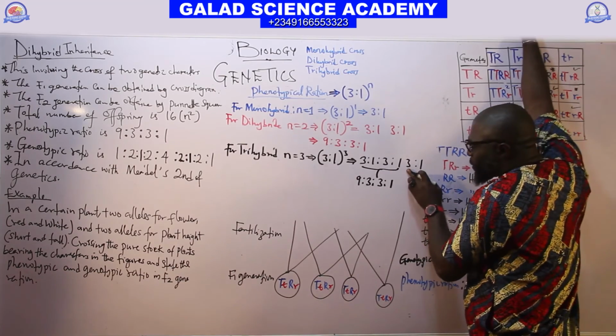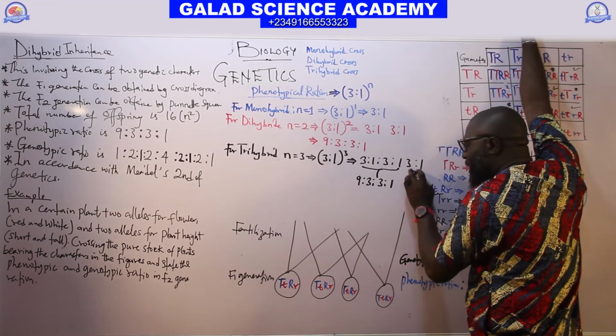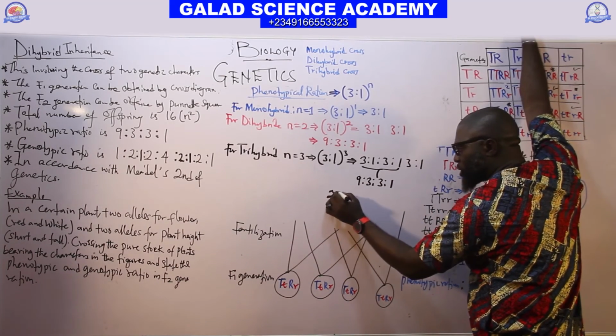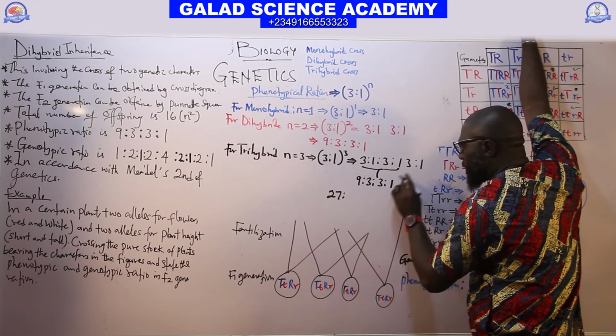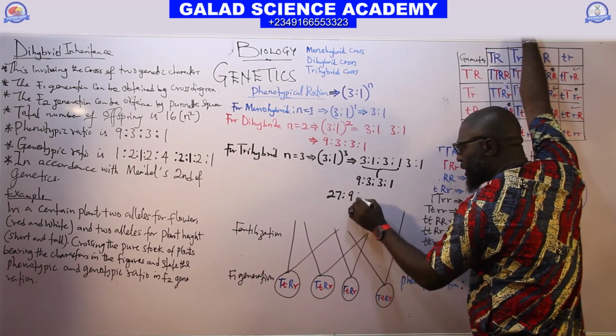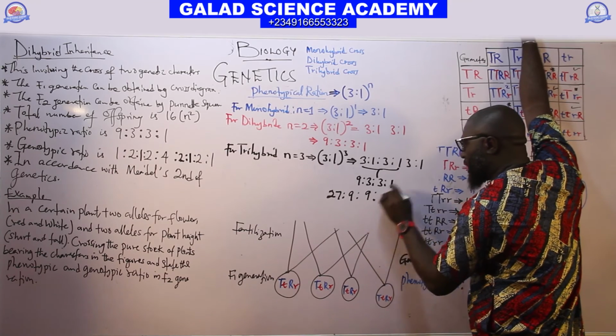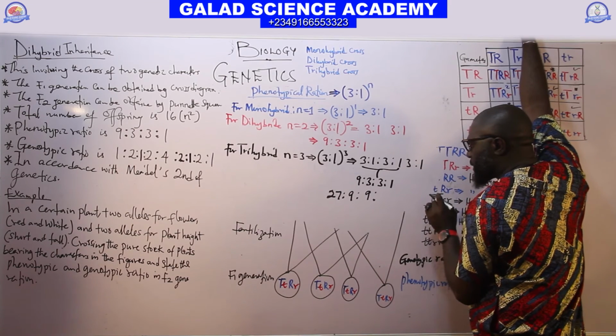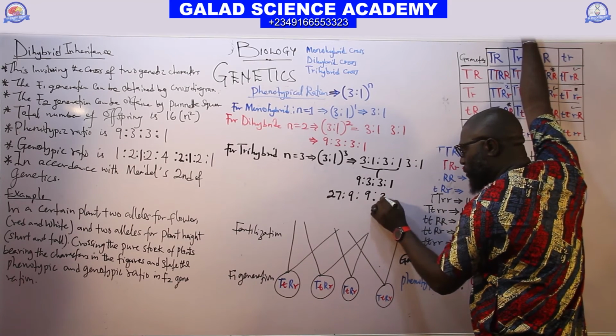You now multiply everything you have there with this one. 3 times 9, we have 27. Ratio 3 times 3, we have 9. Ratio 3 times 3, we have another 9. Ratio 3 times 1, we have 3.